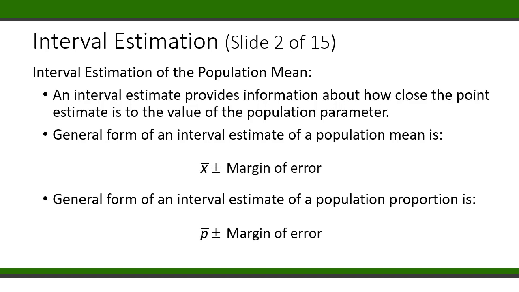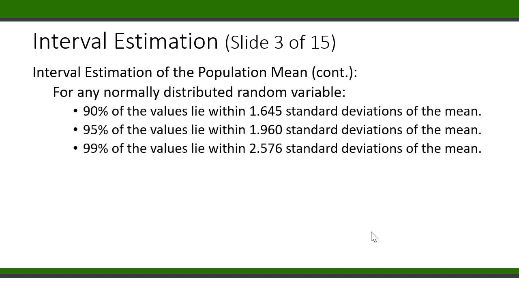Some numbers that you should keep in mind when we talk about a normally distributed random variable: 90% of the values lie within 1.645 standard deviations of the mean. 95% of those values lie within 1.96 standard deviations from the mean.